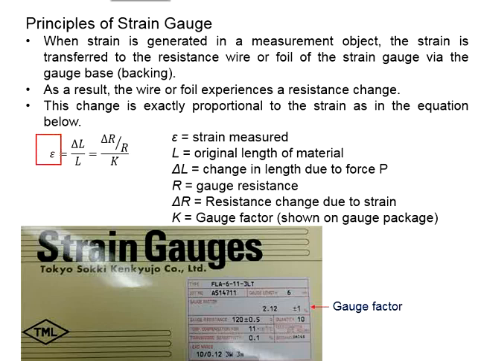Now, when we want to quantify the strength, we are quantifying the mechanical deformations of the strain gauge or the material. It is by dividing the change of the length over the original length. Now, the change of the length will cause changes in the cross-sectional area, and this shall change the electrical resistance of the wire.